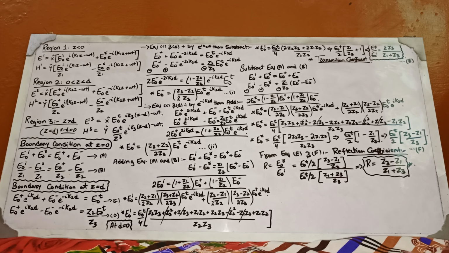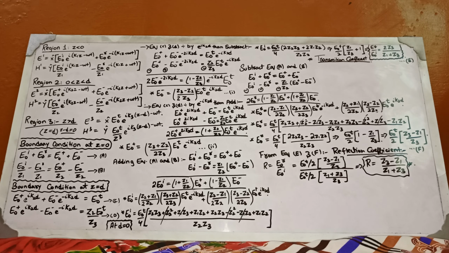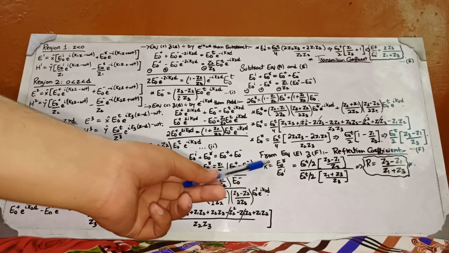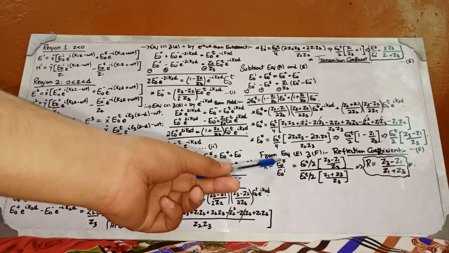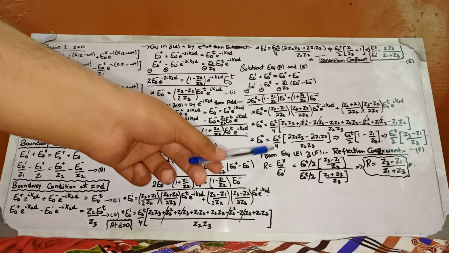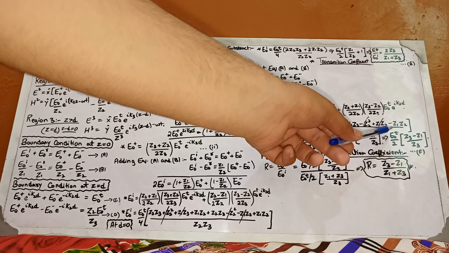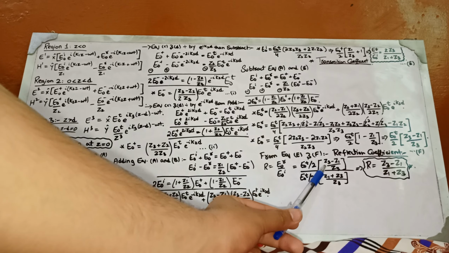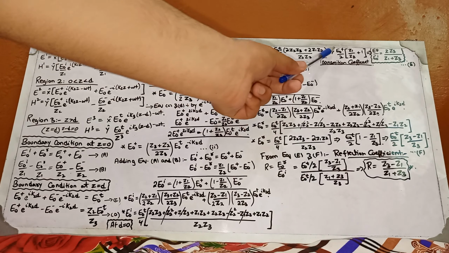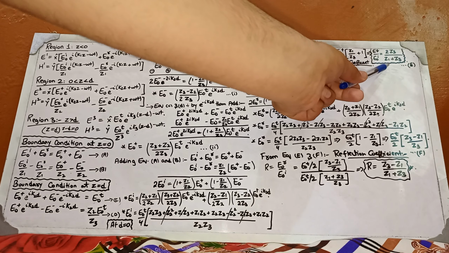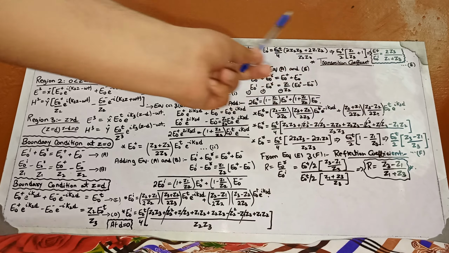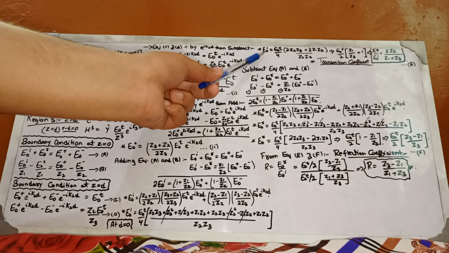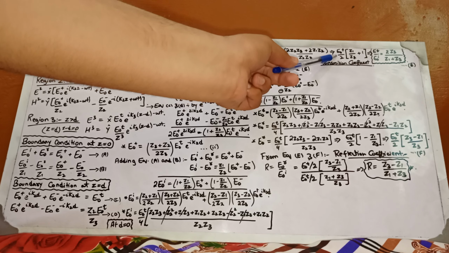Now you have already found the results of E naught I and E naught R, but our task is to find the reflection coefficient. You know that the reflection coefficient is basically the ratio of E naught R by E naught I. E naught R you already found here, which is equal to E naught T divided by 2 times Z3 minus Z1 divided by Z3. And E naught I, you know this. Not this, this is the transmission coefficient. I am only telling you about the answer of E naught I. The E naught I answer is this.